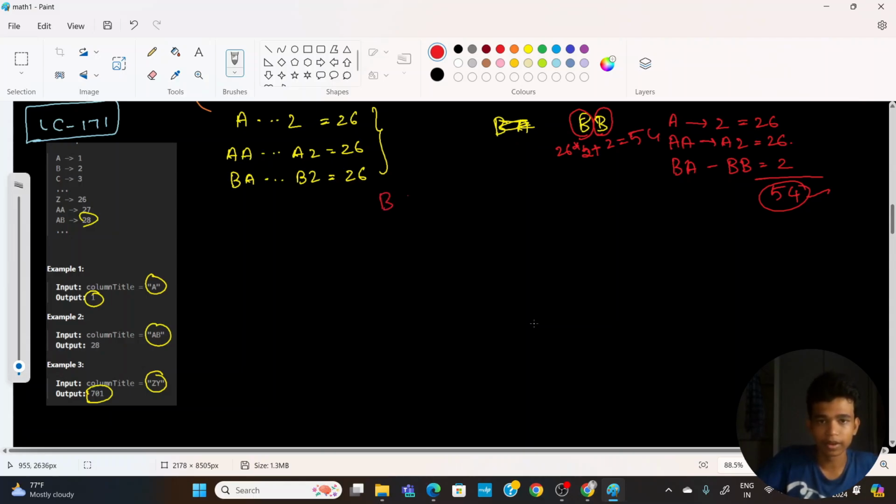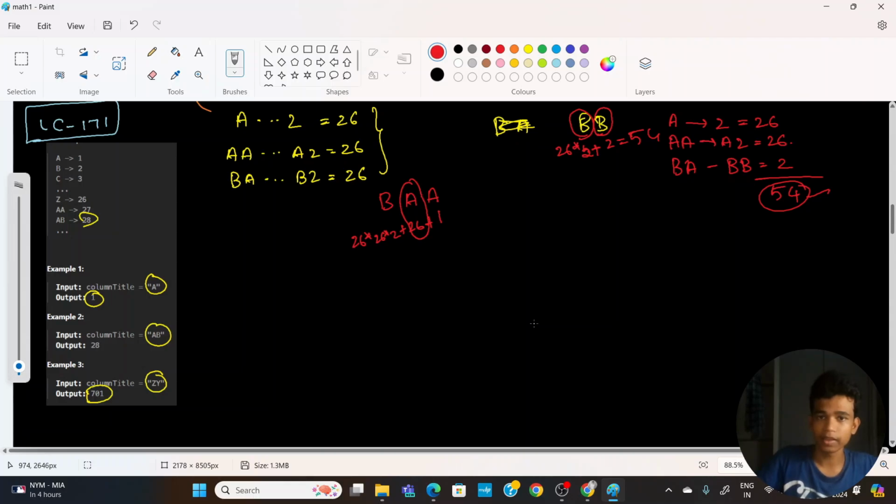Okay, let us take a bigger value, BBS. Now, what is this answer? It will be 1 plus 26 into 1 plus 26 into 26 into 2, because when we are going here, it will be completed exactly 26 into 26 times, right?